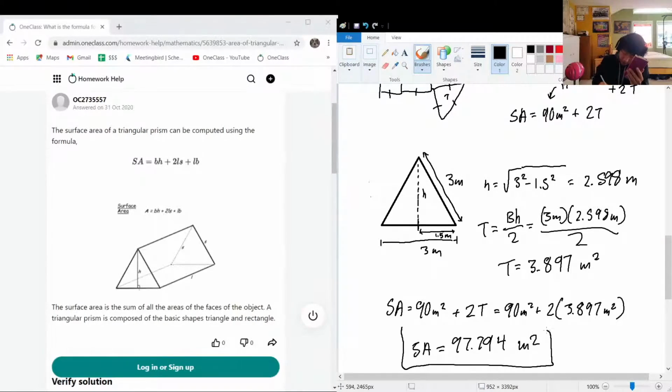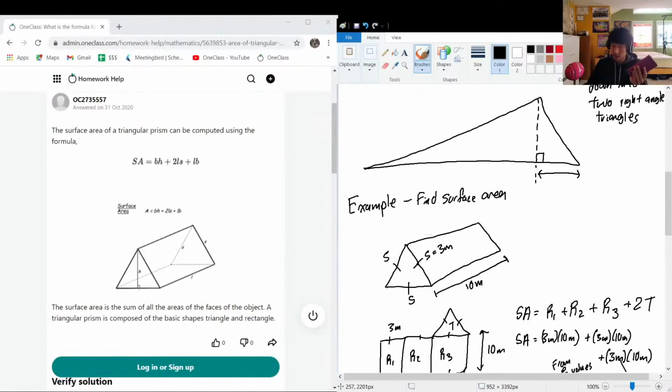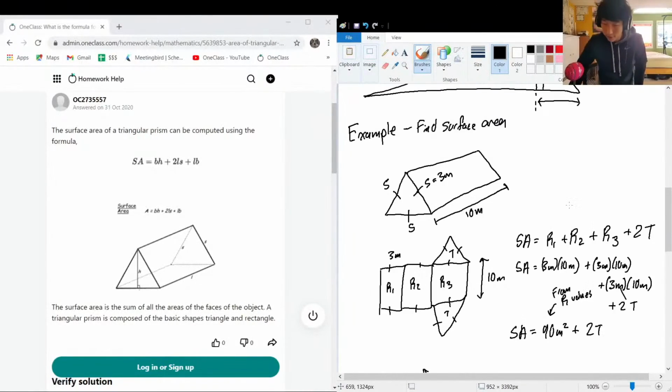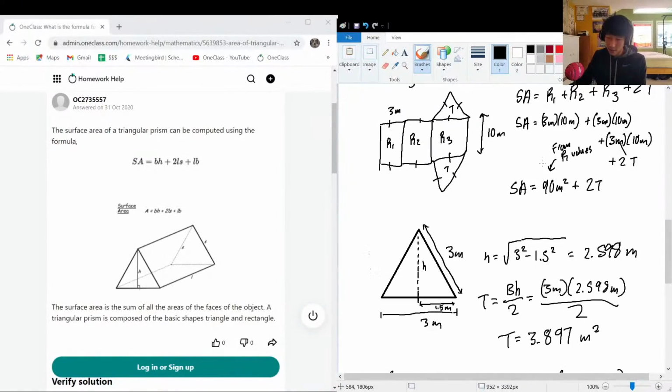That would be our final answer for this triangular prism with 10 meters length and an equilateral triangle base. Of course, if it was not an equilateral triangle, we would have different calculations, but you can see the general procedure. You want to unfold it, find the individual areas, add them up, and then you'll get your final answer.